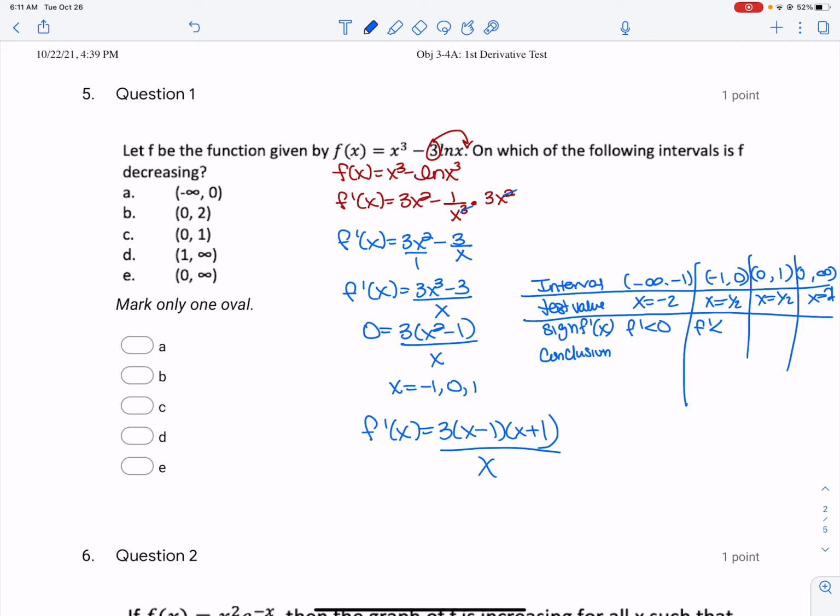No, it would make a positive. Just kidding. Because I'd have negative, positive, negative, so that's going to be a positive. Then f prime is going to be negative, and then f prime is going to be positive. So it will be decreasing here and here. So 0 to 1.